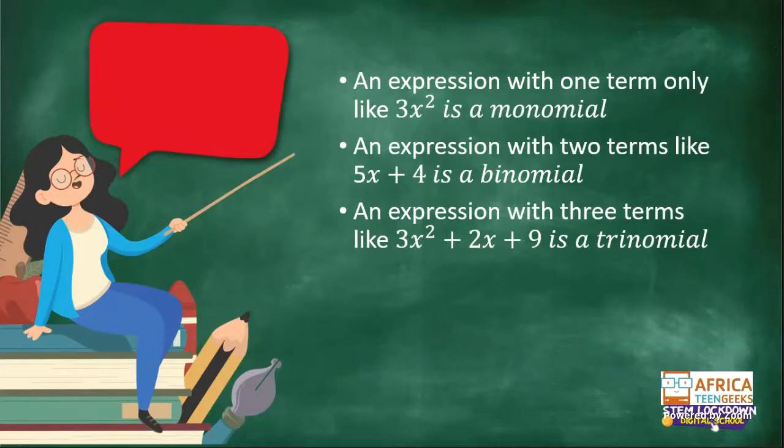A binomial has got two terms, and a trinomial has got three terms. By so saying, I want to wrap up our lesson so that we can prepare for the next one. I hope that we will be able to carry on tomorrow, being the last day of the week, with our revision activities.